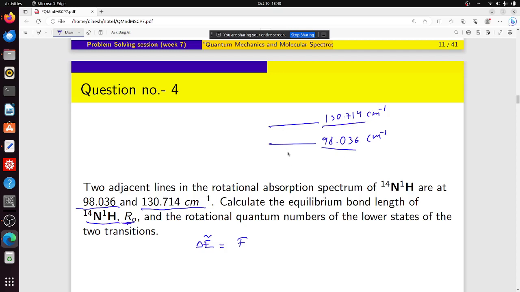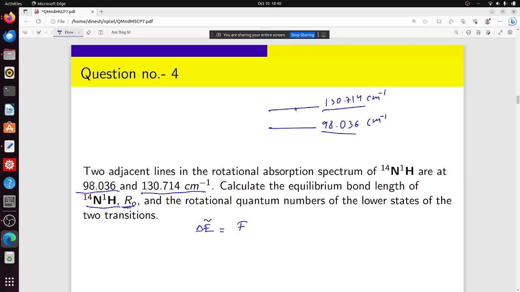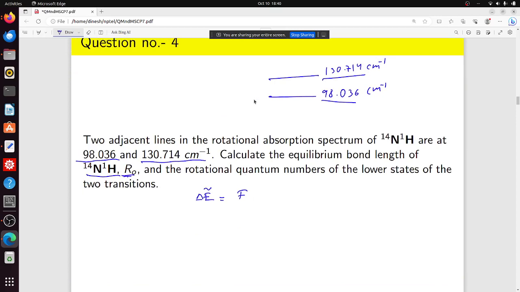Okay, so these are adjacent lines. So let's say this is j double prime, and this is j double prime plus 1. The energy difference between these two states will be F tilde of j double prime plus 1 minus F tilde of j double prime.